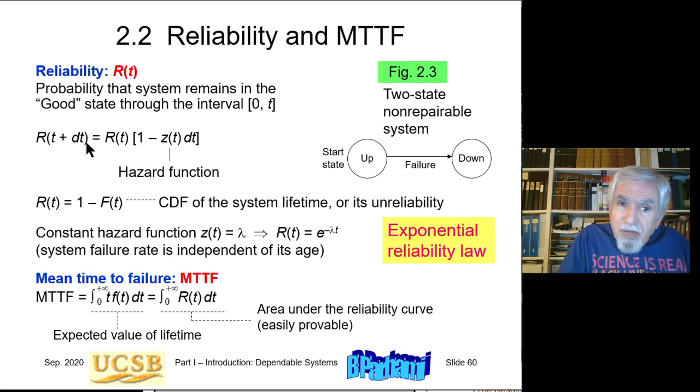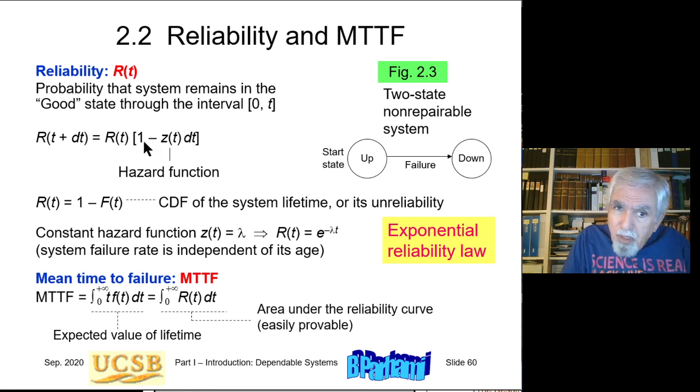The system survives to the end of this time period t plus dt if it has survived up to time t, which is the definition of reliability to time t, and then it does not fail in the small time interval dt. It doesn't fail, basically 1 minus the probability that it fails.